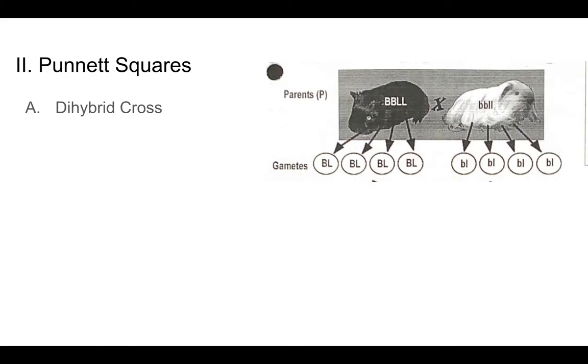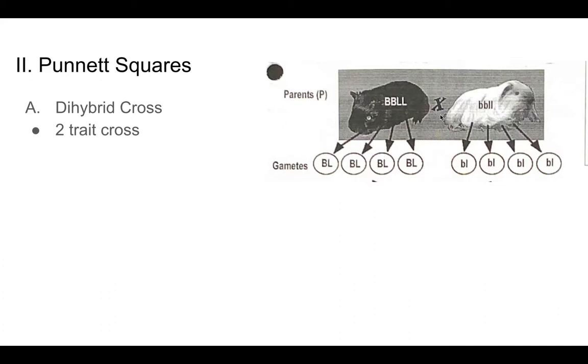Now we're going to extend that thinking and look at what is called a dihybrid cross, which is doing the same thing, but instead of just looking at one trait, we're going to look at two traits. If we look at our little guinea pig picture over here, we have two traits that we're studying in this example.